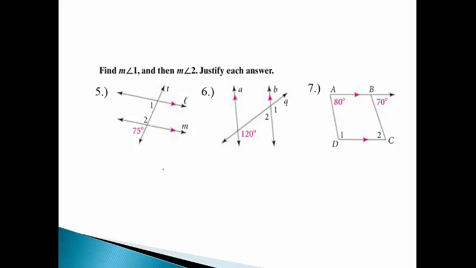All right, number 5, 6, and 7 says find angle 1 and then angle 2, and just kind of briefly explain how you got each one. So angle 1 would have to be 75 because angle 1 is corresponding.